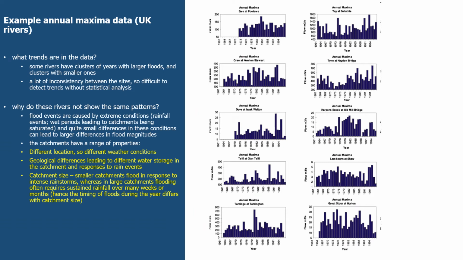The annual maximum approach has been quite widely used, and just as an example, here are some data from the UK from 10 different rivers in different parts of the country, just showing the annual maximum flood in those different rivers, allowing us to look for correlations, allowing us to say, well, are there particularly wet years?